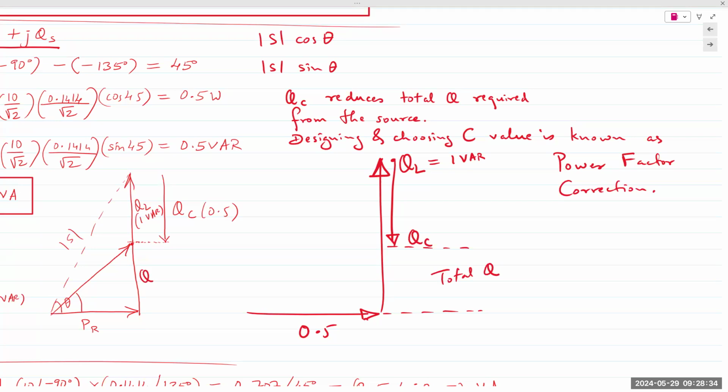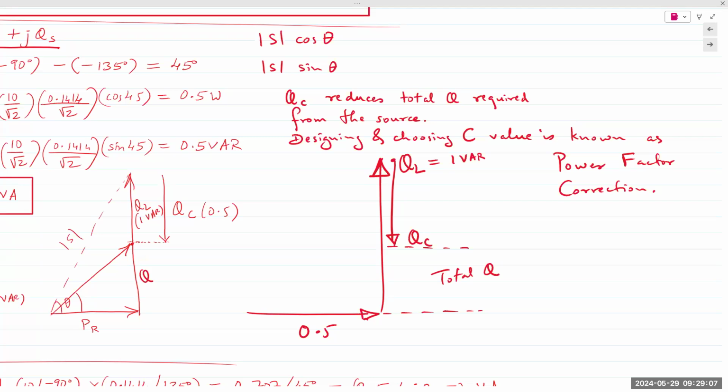So designing a system and choosing a value of C to balance out the power requirement is known as power factor correction. The point is we want to reduce the power required from the source. And again, of course, we are talking about steady state, meaning when the switch is first flipped on, the source has to send all of that power. But once all of that power is received from that point on, the system is at steady state, and we don't need the source to send any further power. So it sends it once and once only.